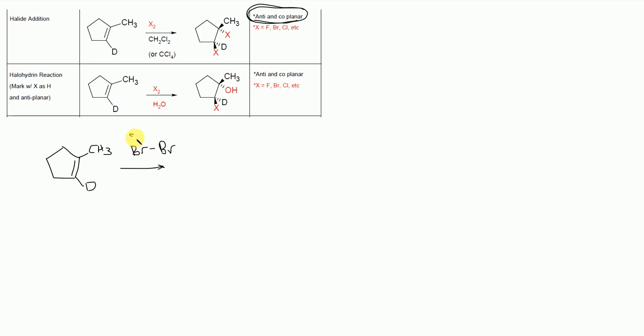So we're going to have a partially positive and partially negative division over here. It's arbitrary, there's no way to say which one is which, but one is going to be partially positive, one partially negative. And in the presence of electron dense regions or nucleophiles, the Br2 can be susceptible to nucleophilic attack.